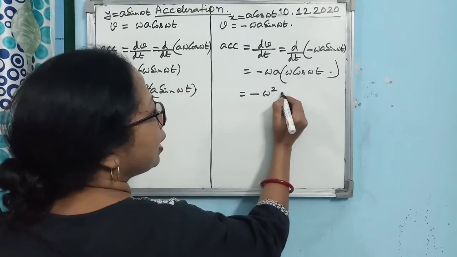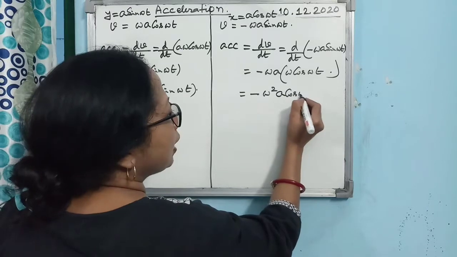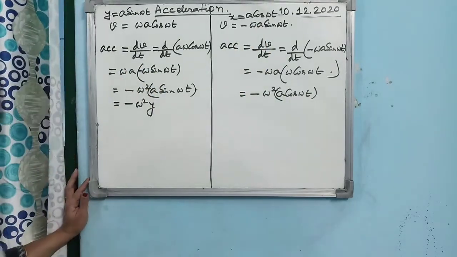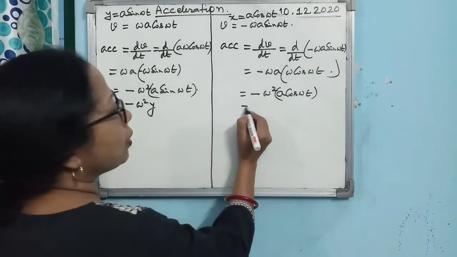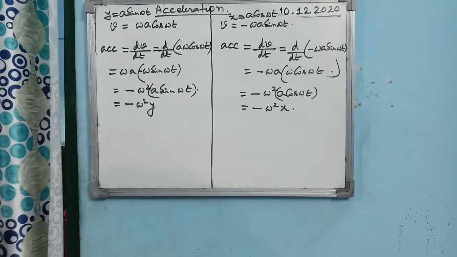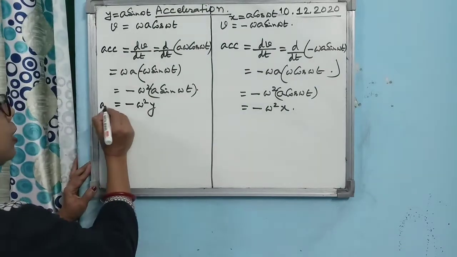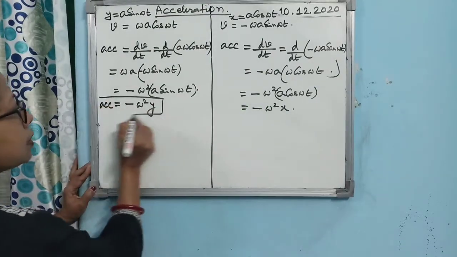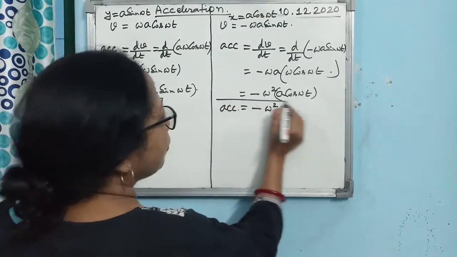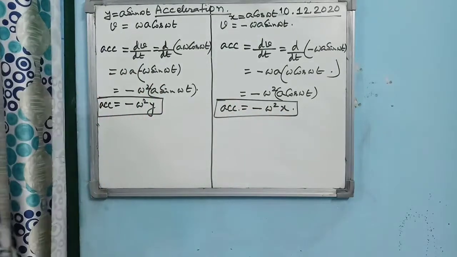Minus omega square a cos omega t. But look at the expression: a cos omega t is nothing but the displacement x. So you are getting acceleration equal to minus omega square x. So either you can write acceleration is minus omega square y, or acceleration is given by minus omega square x.